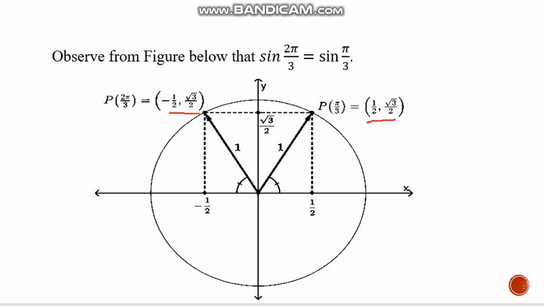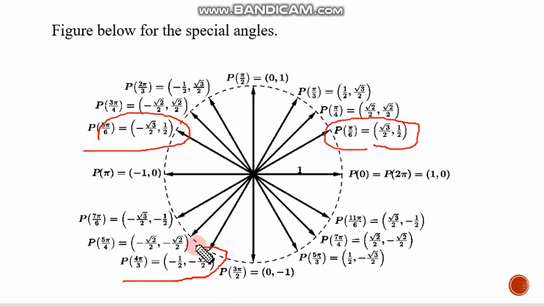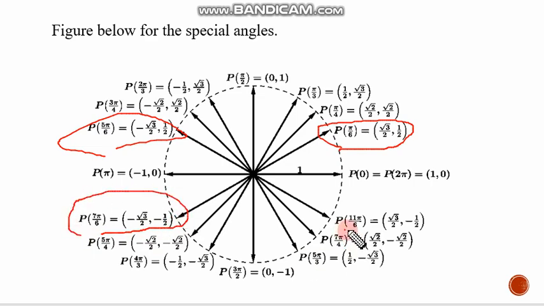In our special angles here, we could observe that in quadrant number 1, for example pi over 6, the square root of 3 over 2 and 1 half could also be located in quadrant number 2, square root of 3 over 2 and 1 half. Here in quadrant number 3, no, wrong, I encircled the wrong number. Okay, so that's quadrant number 3 and quadrant number 4.